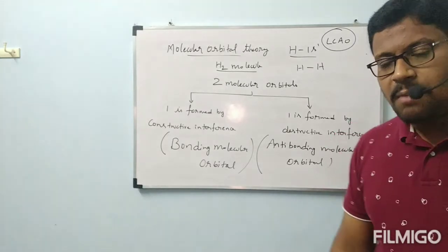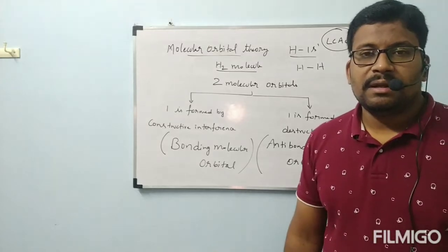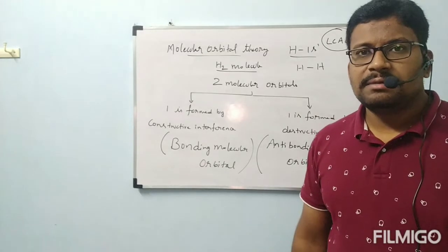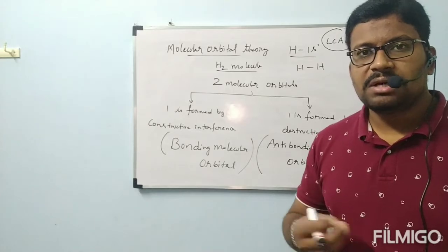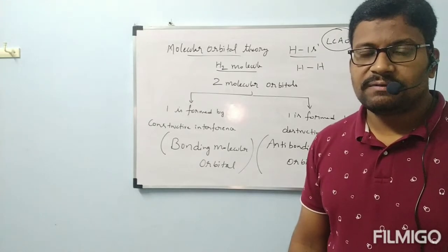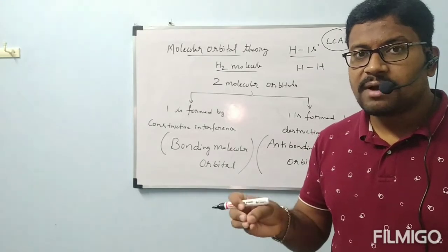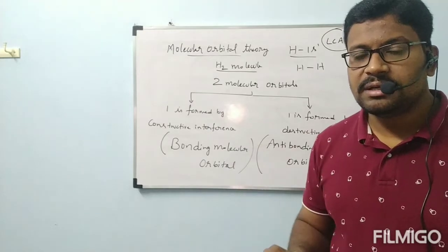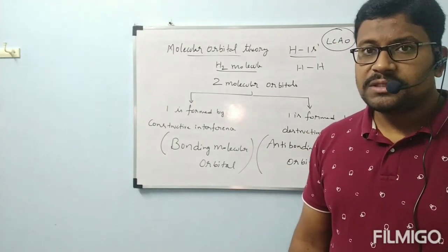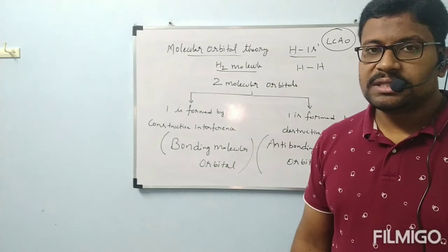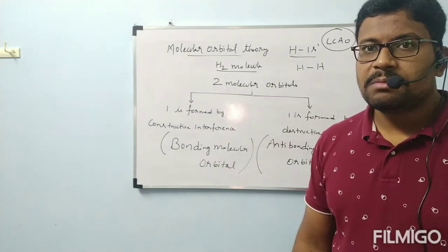Then out of those molecular orbitals, some are formed by constructive interference and some by destructive interference. The orbitals formed by constructive interference are called bonding molecular orbitals. The orbitals formed by destructive interference are called anti-bonding molecular orbitals.